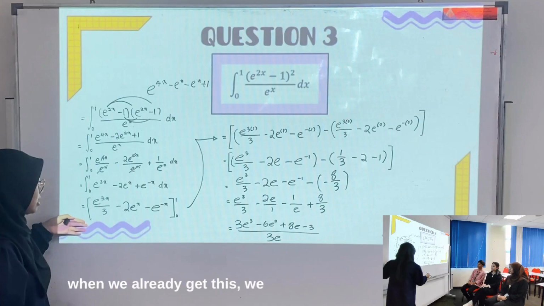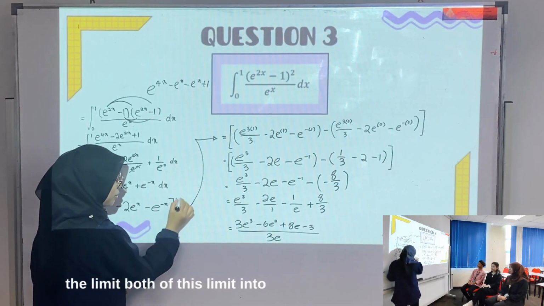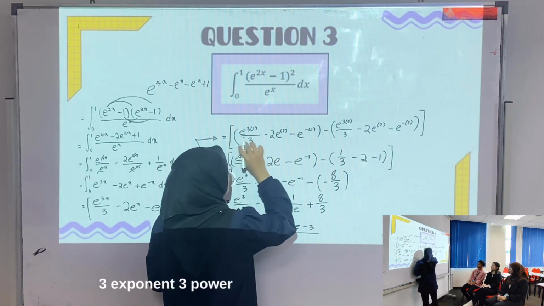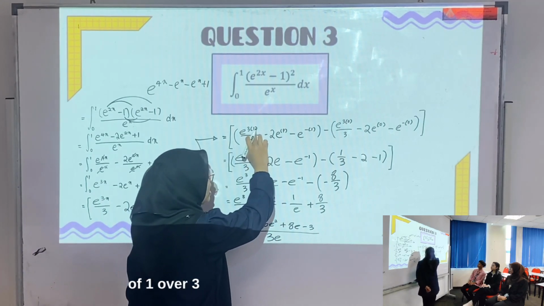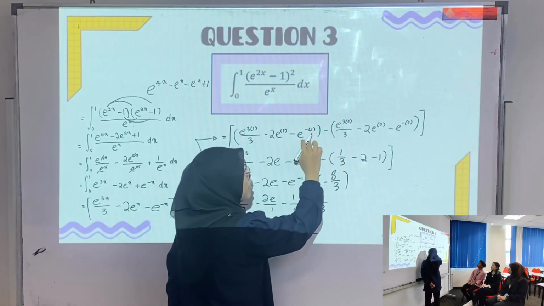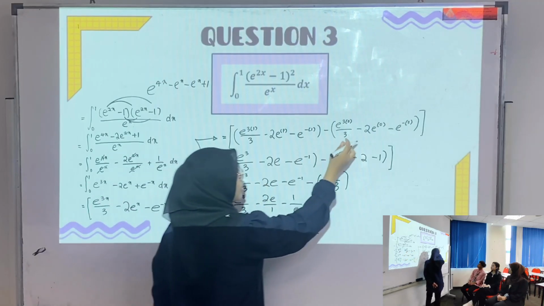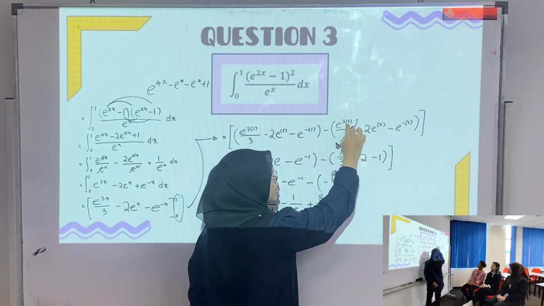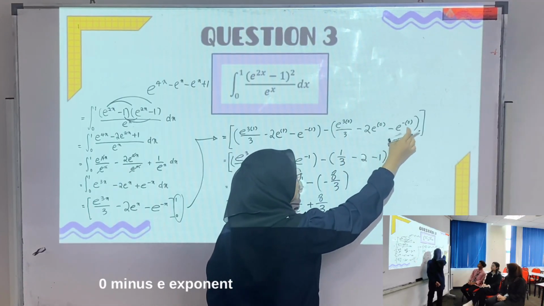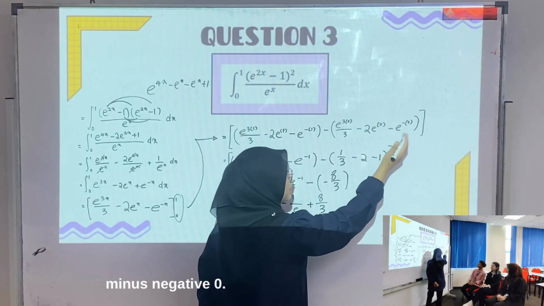When we already get this, we just need to substitute the limits into x. So it becomes e to the power of 3 times 1 over 3 minus 2e to the power of 1 minus e to the power of negative 1, and then we subtract the limit of 0: e to the power of 3 times 0 over 3 minus 2e to the power of 0 minus e to the power of negative 0.